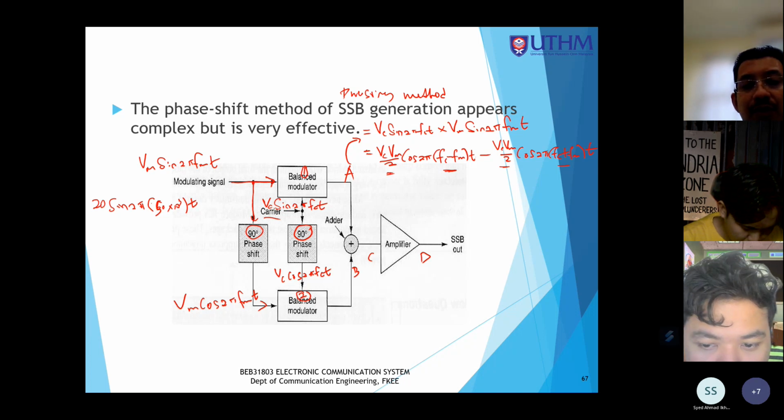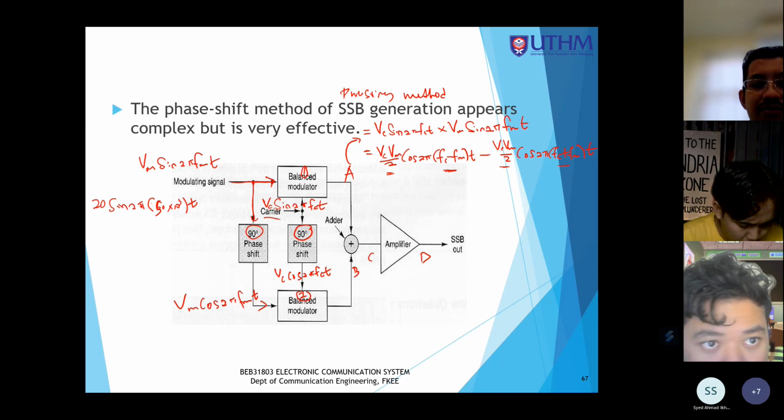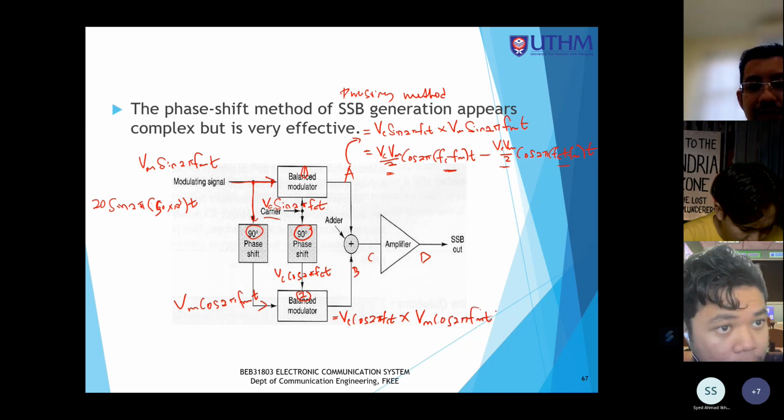So this is the output for point A. What about the point B? Okay, so point B, saya buat di sini lah. So dia adalah VC cos 2 pi FCT multiplied with VM cos 2 pi FMT.